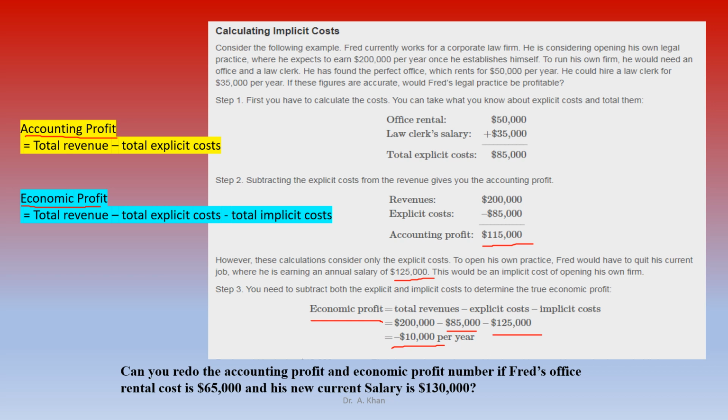So here what we are saying is that now if we tweak those numbers one more time, can we calculate, redo them, right? So now let's redo the accounting profit and economic profit numbers. Now consider that his rental cost is not 50,000 anymore, it is 65,000, right?